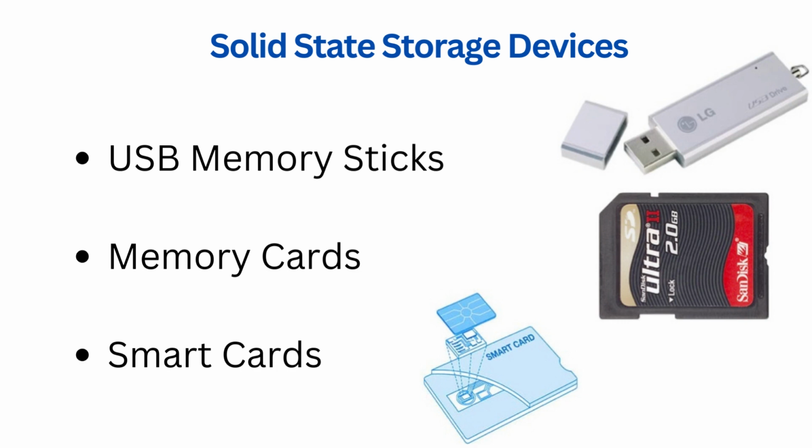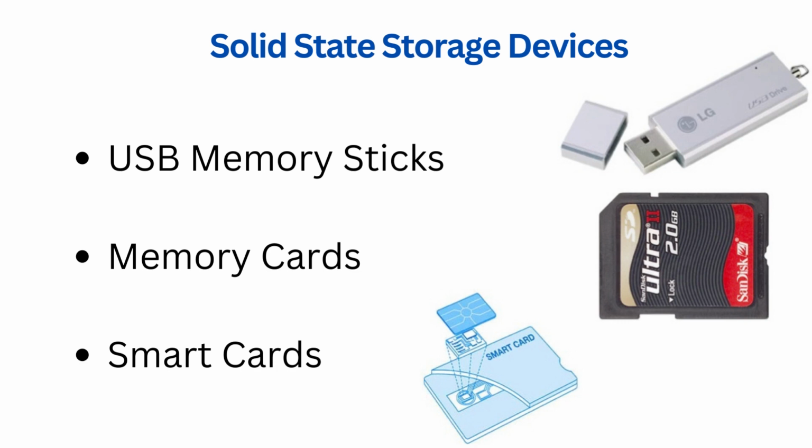Then we have smart cards. Many credit cards, for example chip and PIN cards, door entry cards, satellite TV cards, etc. have replaced the very limited storage of the magnetic strip, the dark strip on the back of older cards, with flash memory, and this is more reliable and has a much larger storage capacity as well.